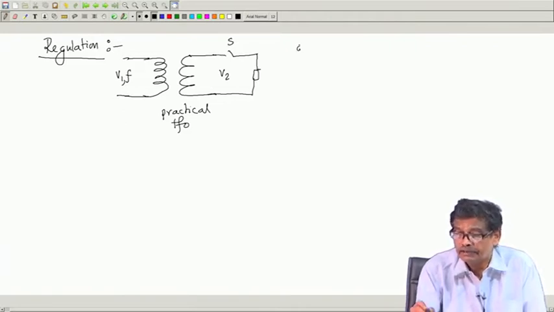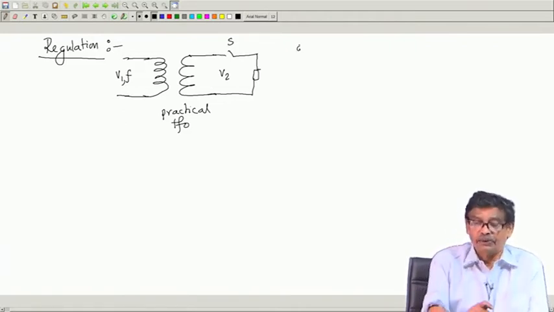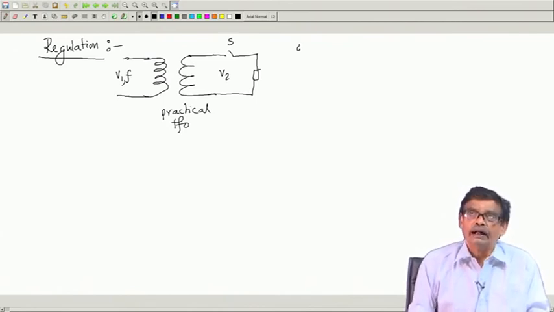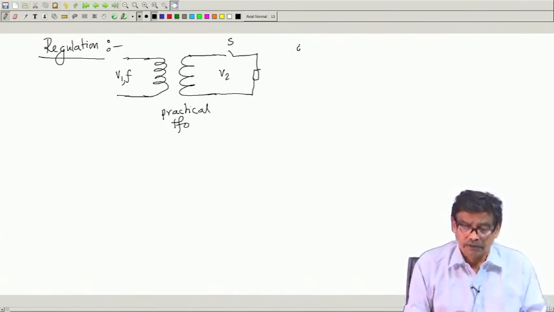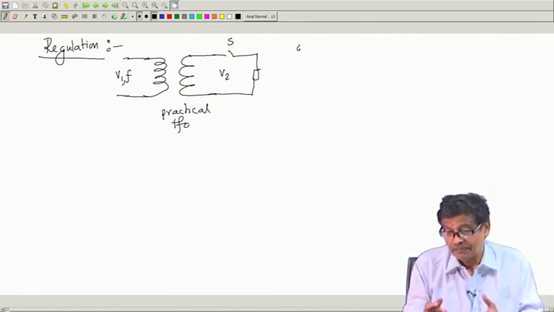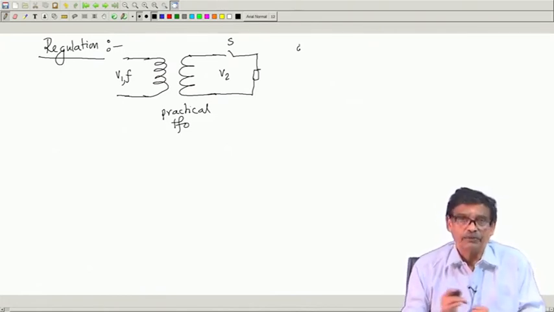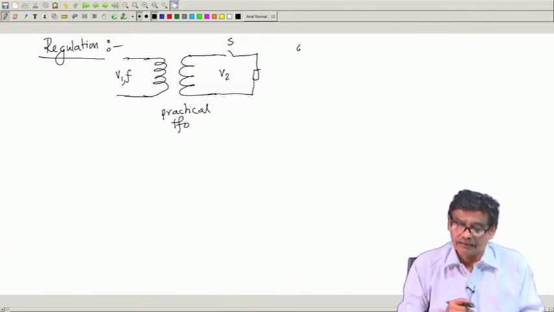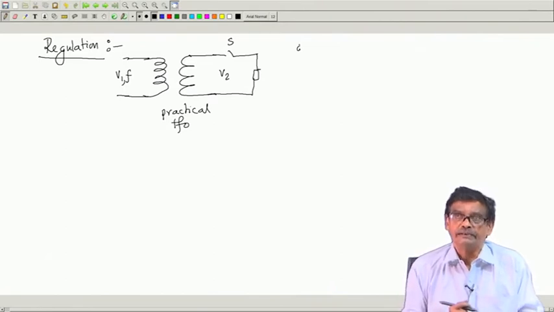With S open, suppose what I am telling is what is regulation of a practical transformer, and suppose I want to find it out in the laboratory. What does that really mean? That is what I am telling.